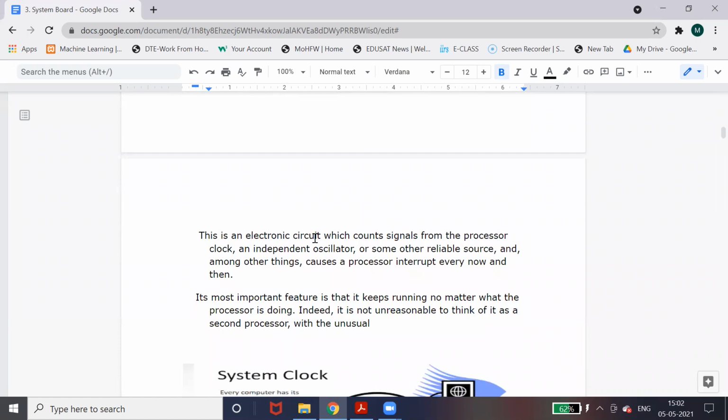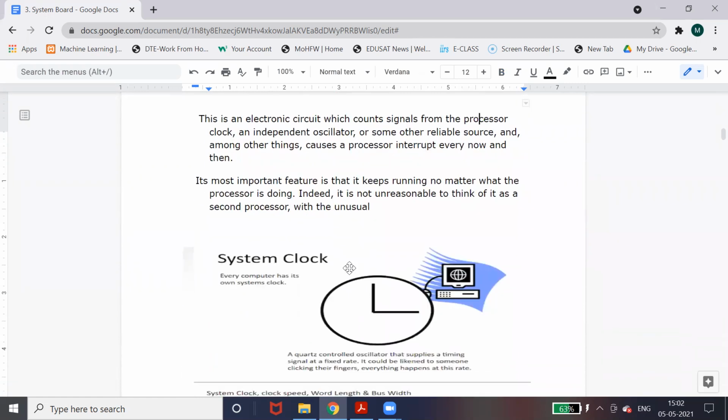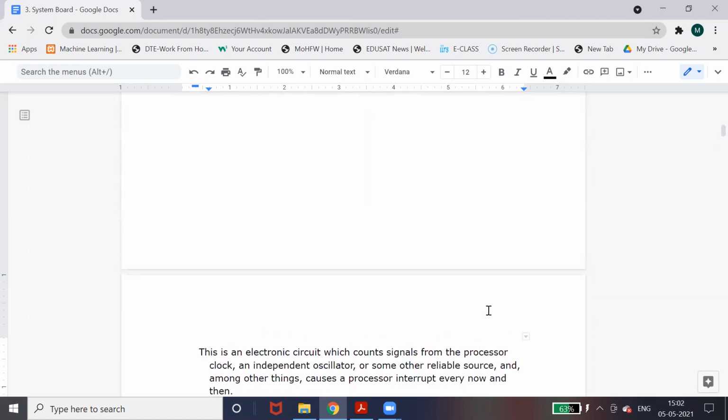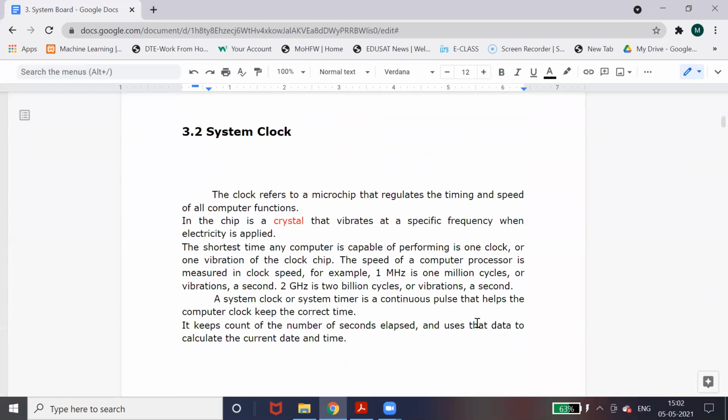It is an electronic circuit which counts the signals from the processor clock, an independent oscillator. It is a circuit used to count the number of oscillations, the number of vibrations, the signals from the processor.